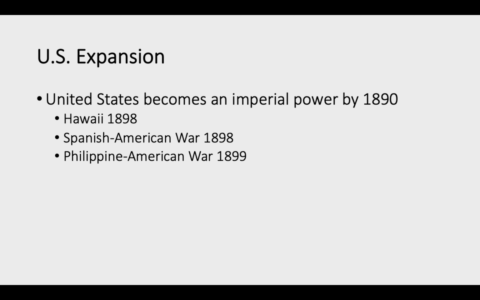By 1890, this is when we see a turning point in American foreign policy. America turns to be more focused on expanding outside of itself. The US becomes an imperial power by 1890.